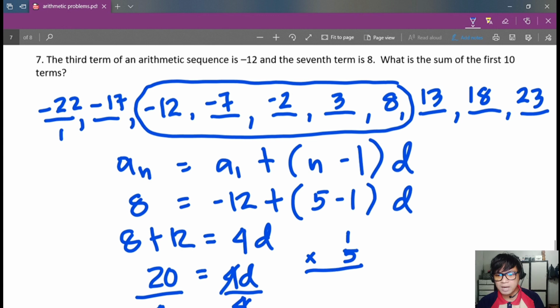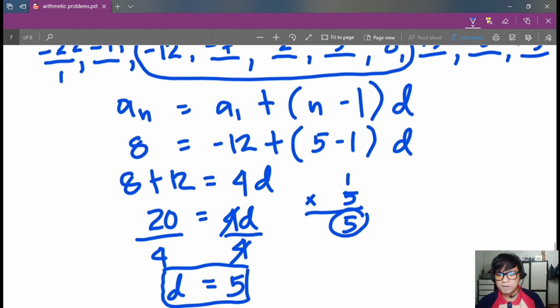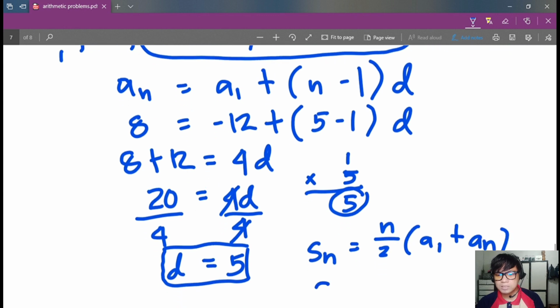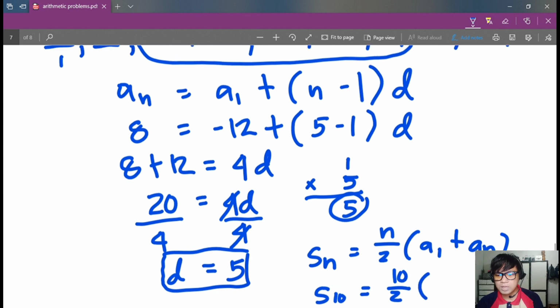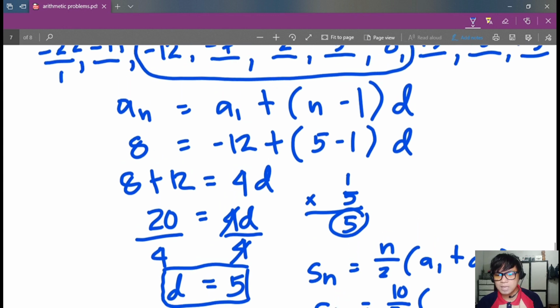So, the sum is 5. I-check natin using the formula: S sub n is equal to n over 2 times a sub 1 plus. So, the sum of the first 10 terms is equal to 10 over 2. Ito siya, first term natin is negative 22.